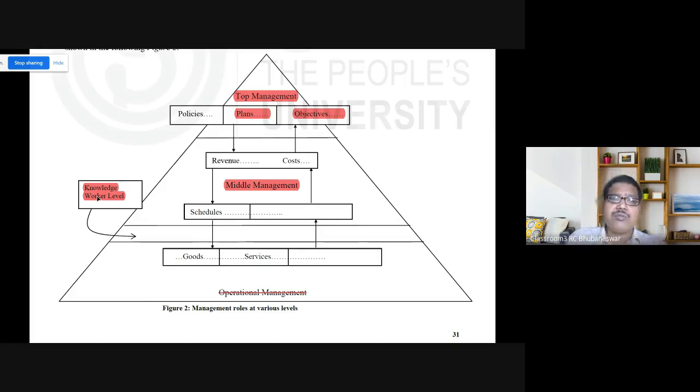So this is what we can understand from the level of your requirements, from the top level to the middle, then coming to the operational management. What will they do? They will normally look into the goods they are producing and the services they are providing, whether the service quality and the quality of the goods are intact or not.